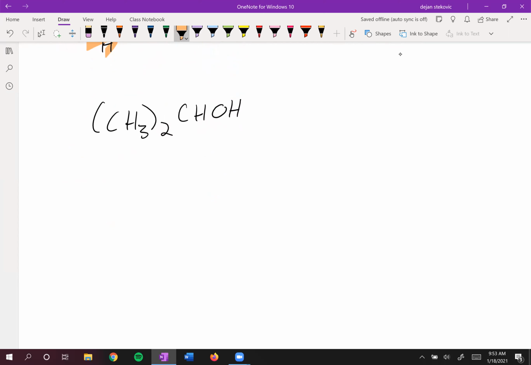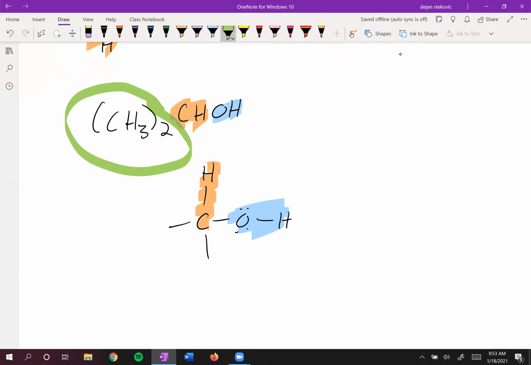And so here, if we start off with this carbon right here, right, we can tell it has one hydrogen on it, and then after that, there's an OH. And then here we can see that we have two CH3s, right? So this carbon is going to be connected to two other carbons that each have 3 hydrogens on them.